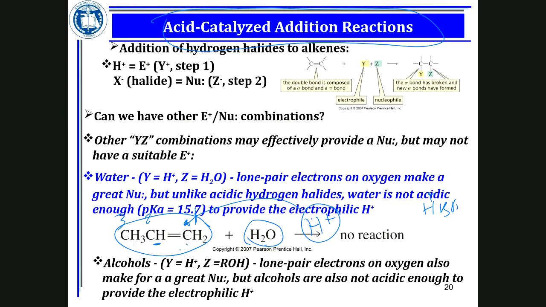If you remember from the summary of the reactions, I said when you are adding H2O, you are adding H and you're adding OH. So one carbon is going to take H, the other carbon will take the OH.